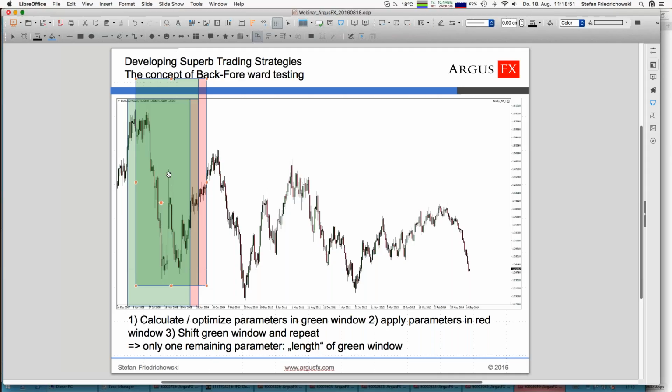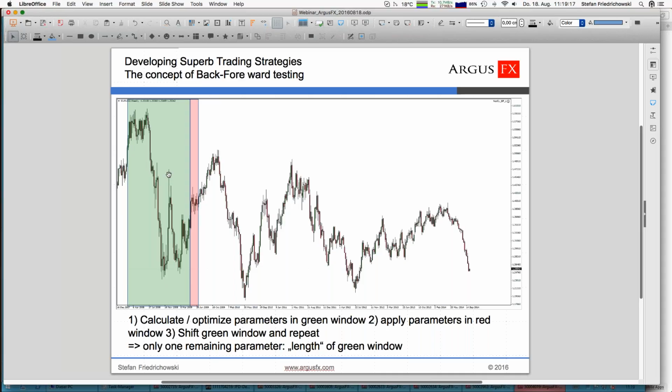Having those new parameters, we can apply them once again to the future. The future is now the new shifted red box. So we once again apply our strategy to future data. Those trades would enter into the records as well, and so on.